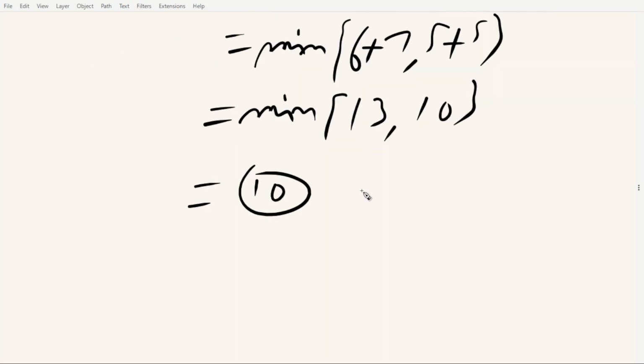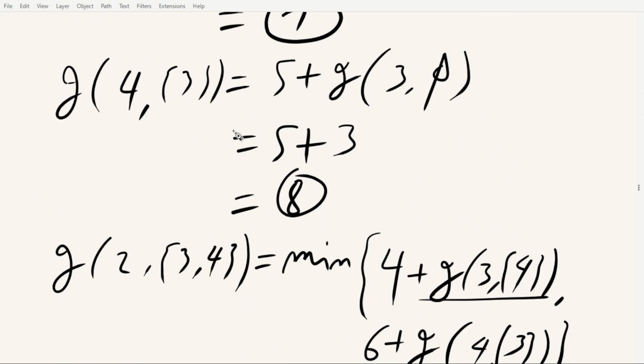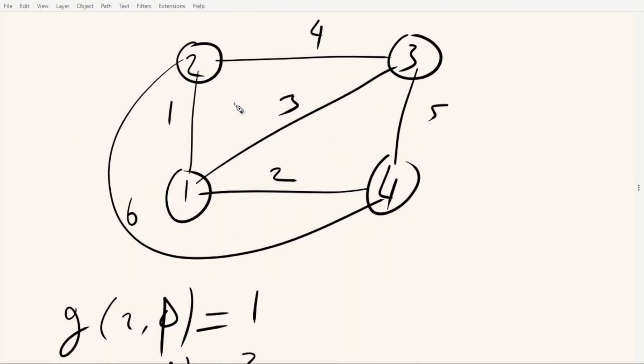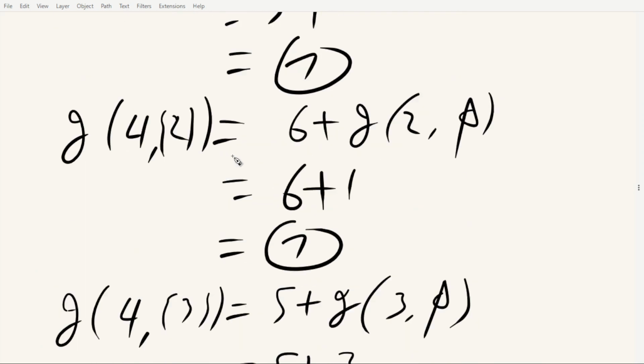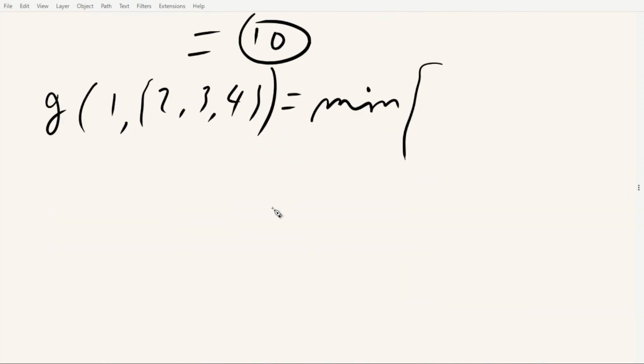Now the original problem we solve using the same idea. G of 1, {2, 3, 4}. We write the expression, minimize. First possibility is move from 1 to 2. 1 to 2 cost is 1. 1 plus g, we move to 2, remaining elements are 3 and 4.